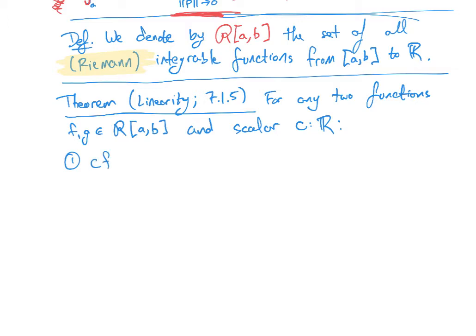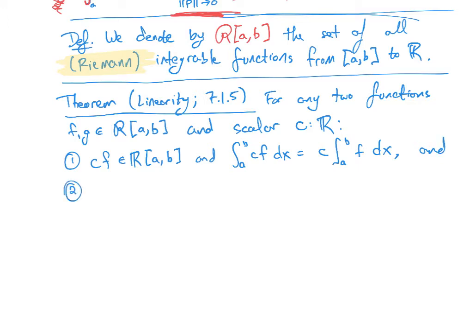If we multiply a function by a constant, or I'm calling it a scalar here, since we're talking about linear maps, the function will still be integrable, and of course we know the integral. Right? Constants come out. And the second one is that if you add 2 functions, then the sum is still integrable.